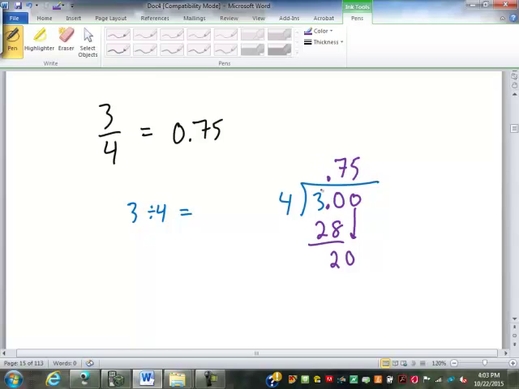Now the discussion always comes up: do we need the 0 in front of the decimal point? Mathematically, no. But I will almost always put it in there for one big reason. If it's not there, you look at that and wonder, is that a decimal point or just a stray mark on my paper?